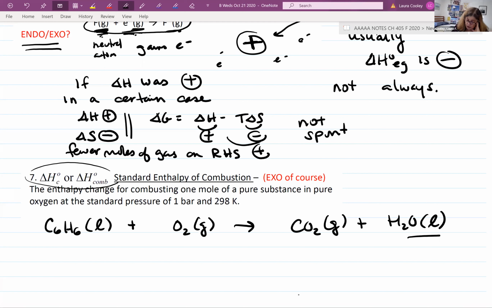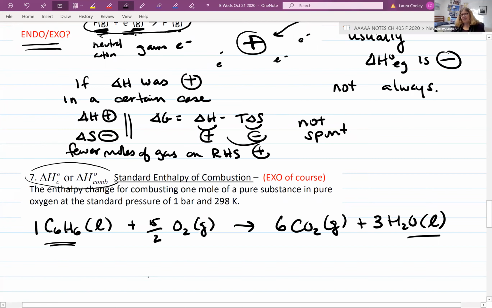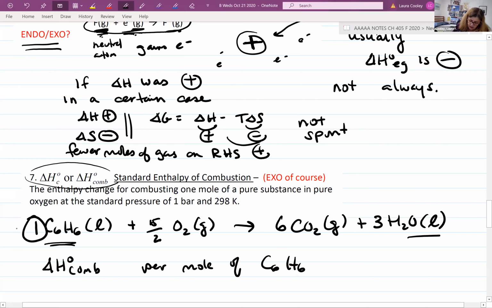When this is per mole of C6H6, if you balance this equation, you have to put 15 halves in front of the oxygen. So when I say it's the delta H0 combustion, that's per mole of C6H6. So that is what the 1 is, right?